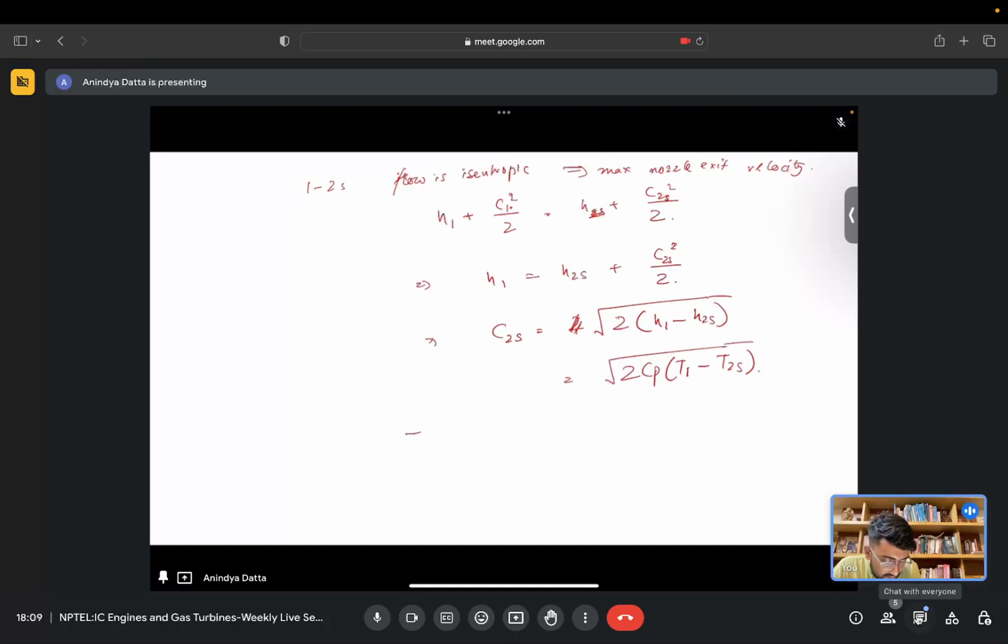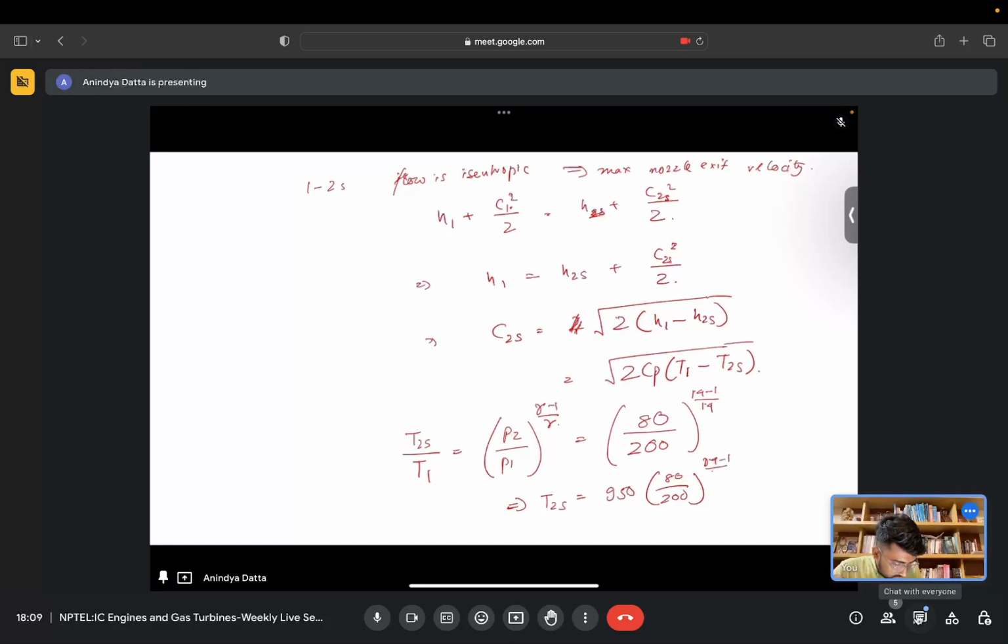This we can find out by applying the isentropic relation, with exponent gamma minus 1 by gamma. So P2 is 80, P1 is 200, gamma is 1.4, so T2s is 950 times (80 by 200) to the power (1.4 minus 1) by 1.4.